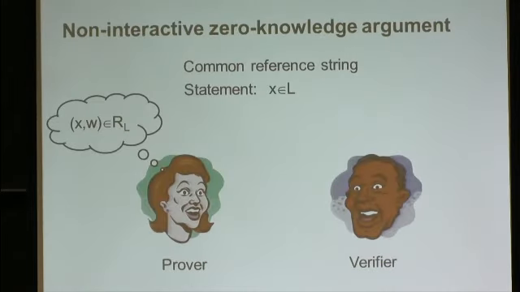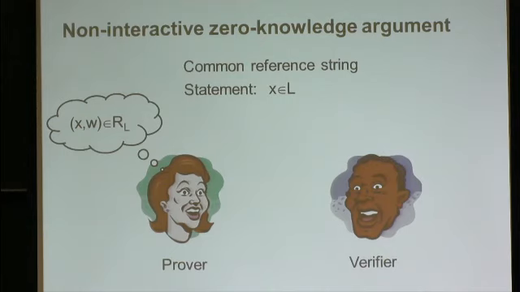More generally, we'll be looking at a statement which is x belongs to some NP language L. There will be a prover and a verifier. The prover is the one trying to give the argument and convince the verifier that indeed x belongs to this language. In a good run of the protocol, the prover has a witness to this fact.